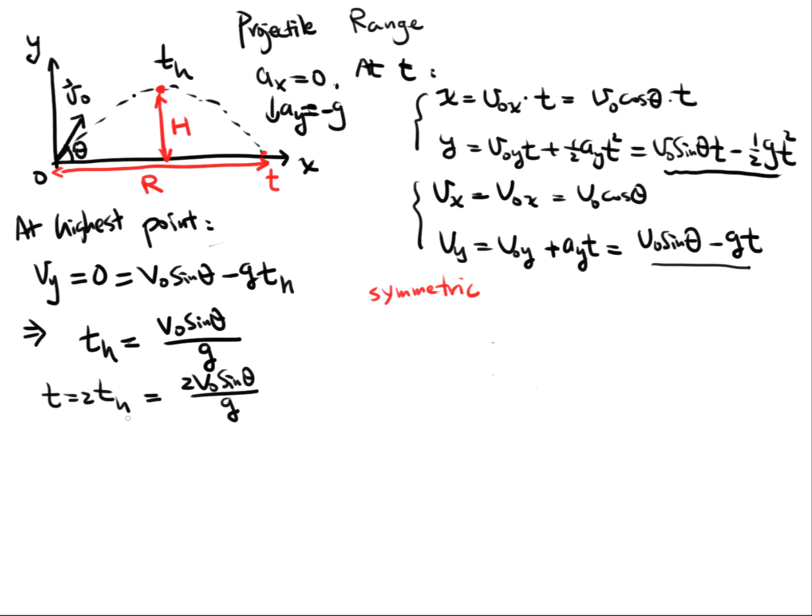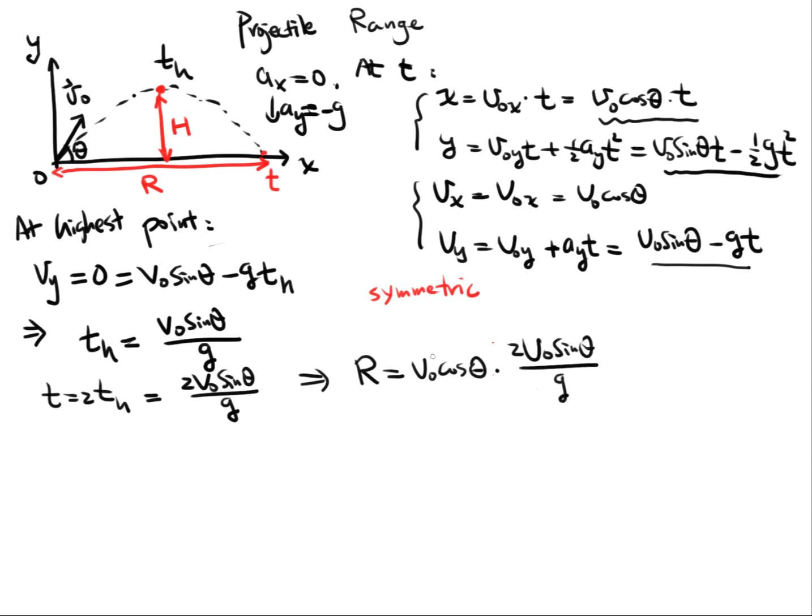Now we can use this to calculate the range, capital R. So capital R, according to this equation here, is v naught cosine theta times the total time, which is given by 2v naught sine theta over g.